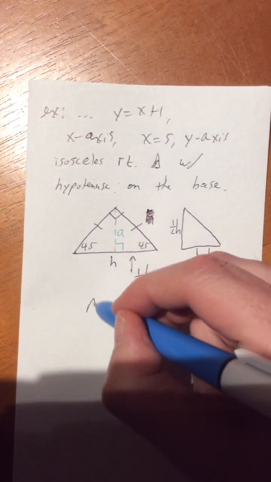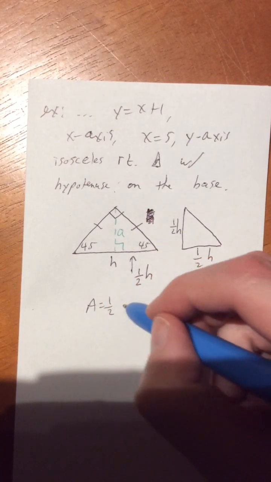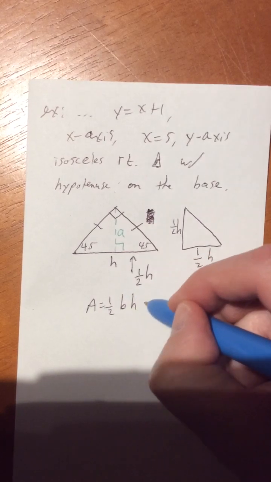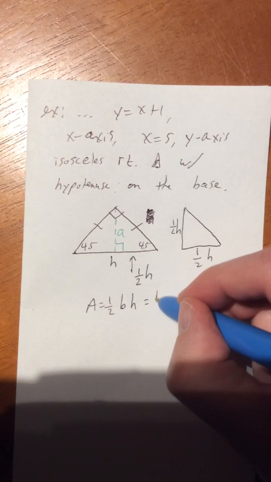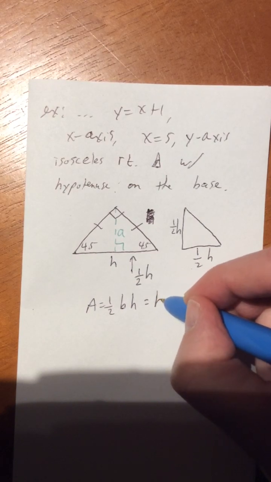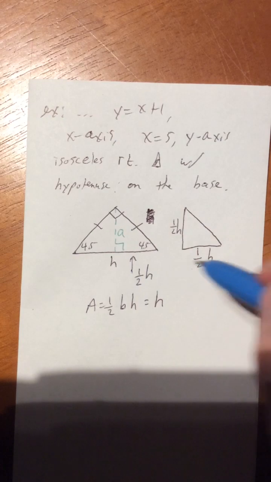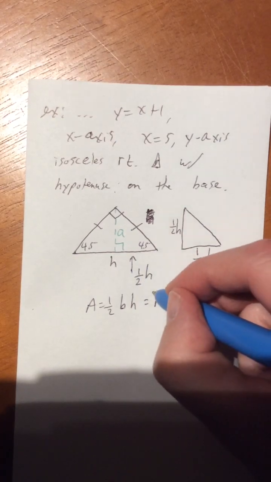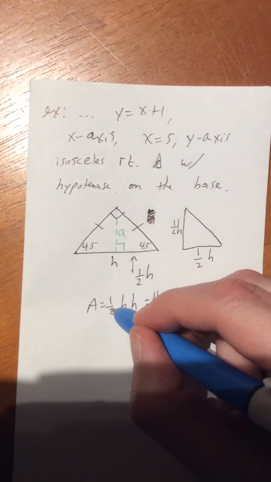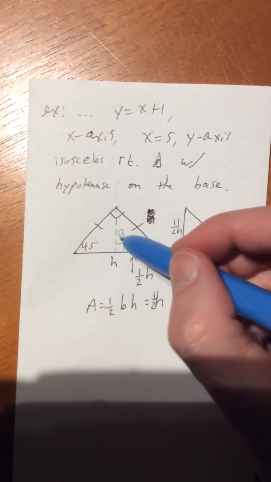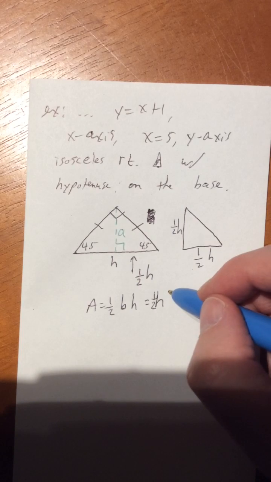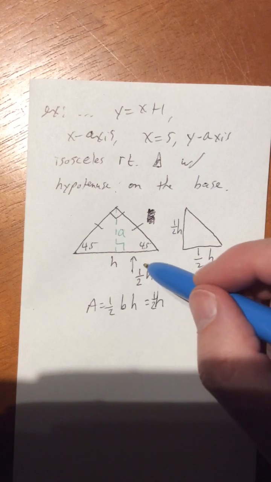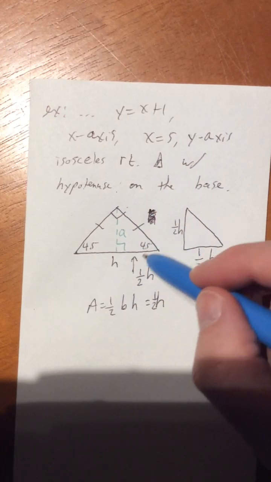So again, the area of a triangle, area equals 1/2 base times height. In this case, the base is h for hypotenuse, not h for height. And the height of this is, I forgot my 1/2. 1/2 base, which is this, times the height, which is 1/2 of this. Yes. 45, yes, 1/2.